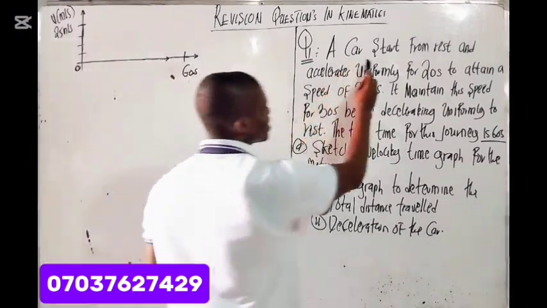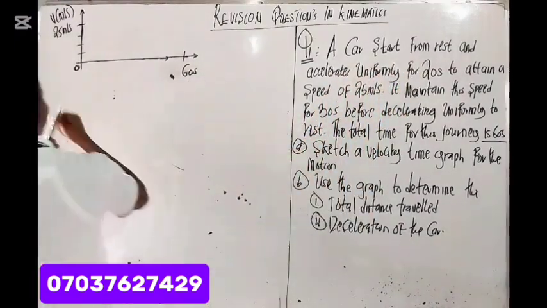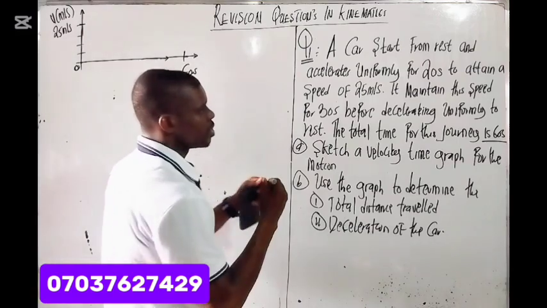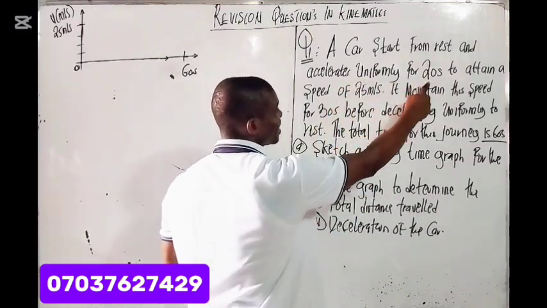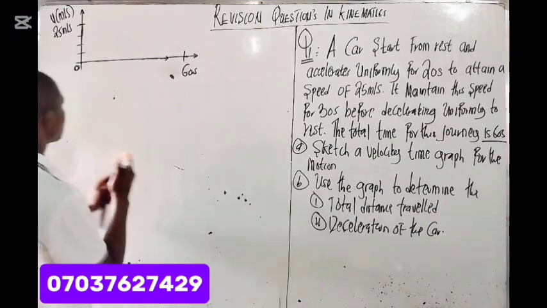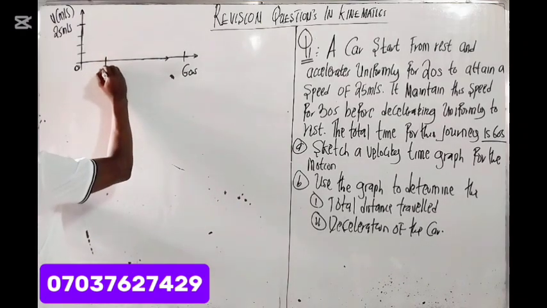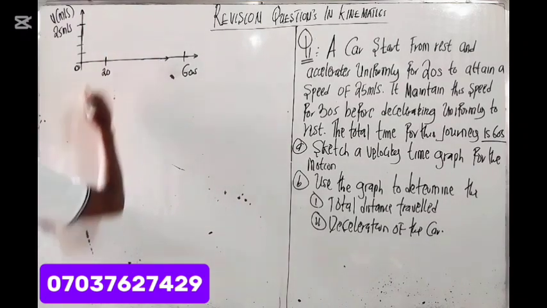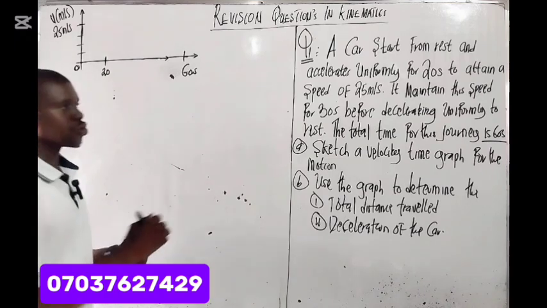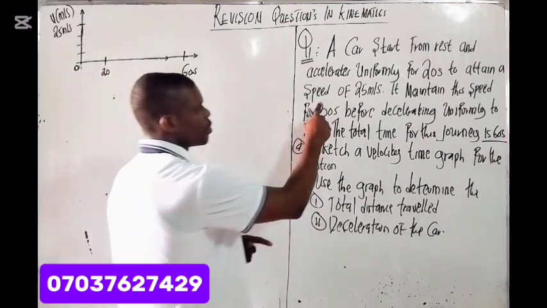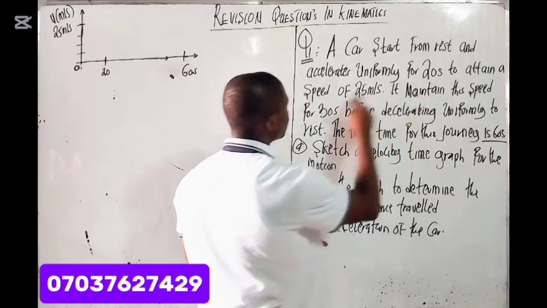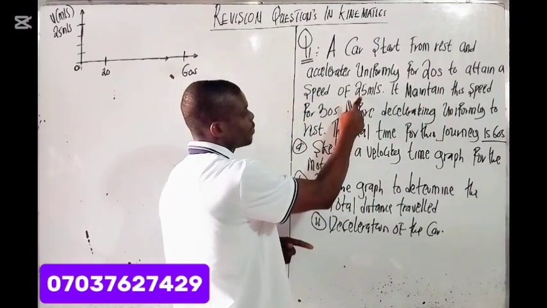See that a car starts from rest. Look at the rest here. And it accelerates uniformly for 20 seconds, so the first time is 20 seconds. So here we have about 20 seconds. It accelerates from rest to 20 seconds, to attain a speed of 25 meters per second.